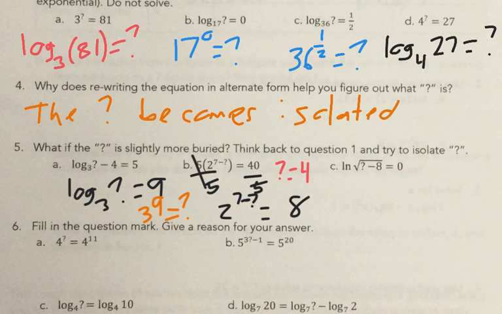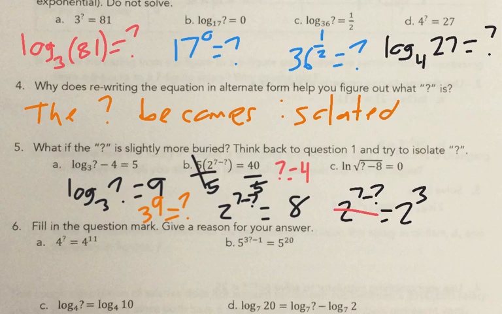Another way you could do it, you could make the 8 become 2 to the 3rd. Do you guys remember me talking about rewriting powers with the same base? And so now we could drop the 2's and just set the exponents equal. 7 minus question mark equals 3. And solve. We okay there?